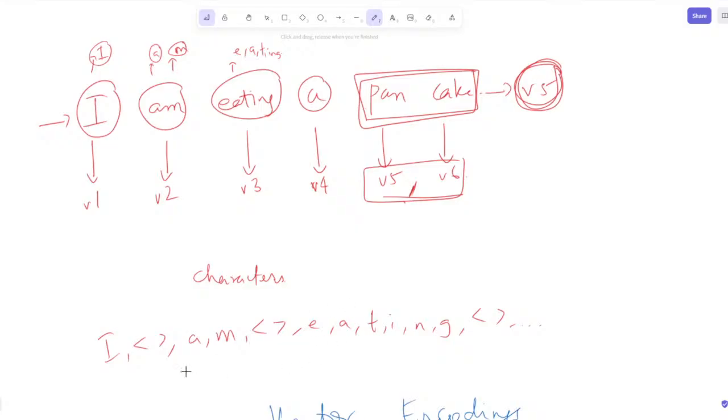What happens in the next step is we look at the amount of information that can be derived from sequences of characters. So let's say we have I and we have space. Space, let's say, is a separator character for simplicity.